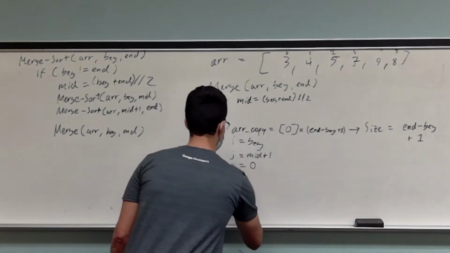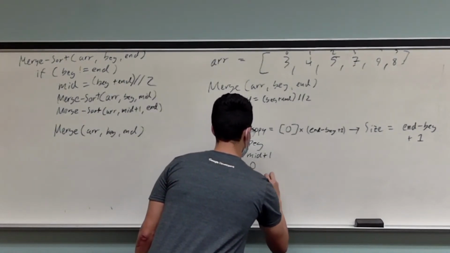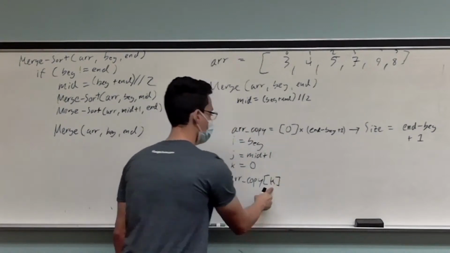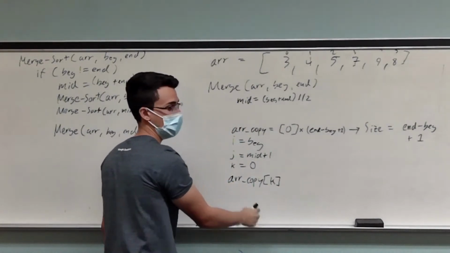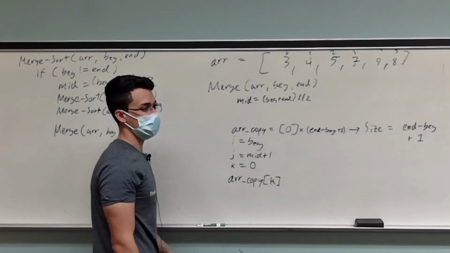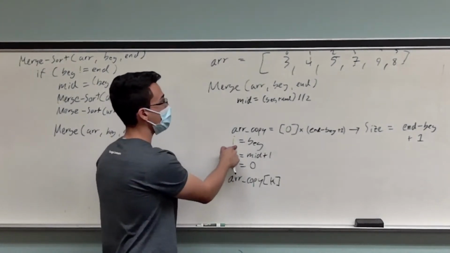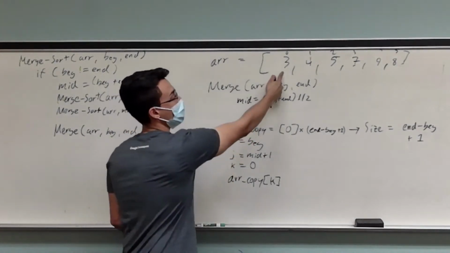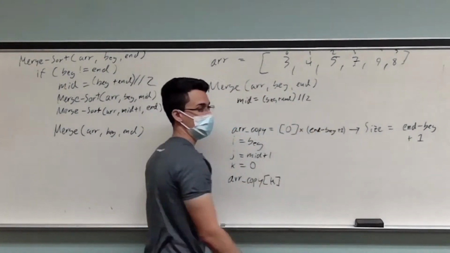When we index a value for array copy, we only use K. We don't use I or J to index values in array copy. That's what K is for. So why did you write I and J there? Because I is going to iterate for the first half, and J is going to iterate for the second half.